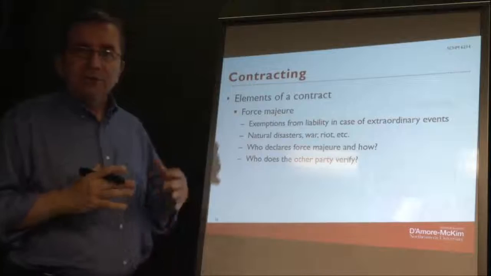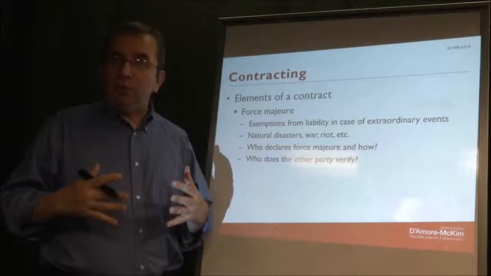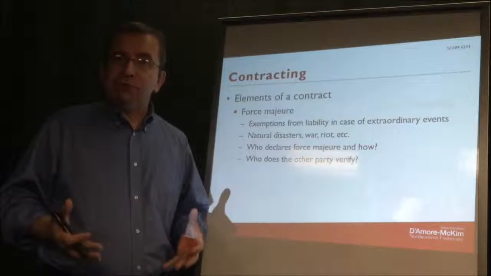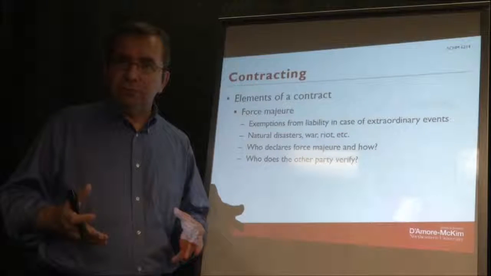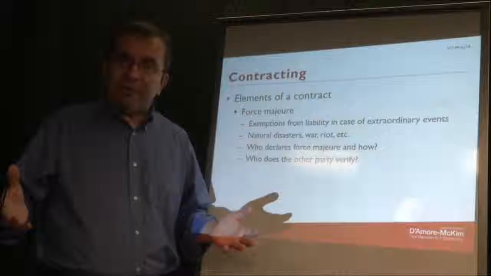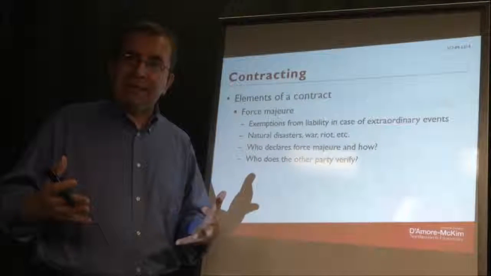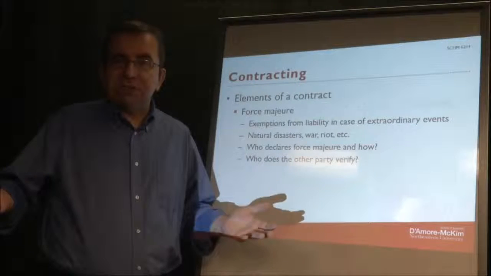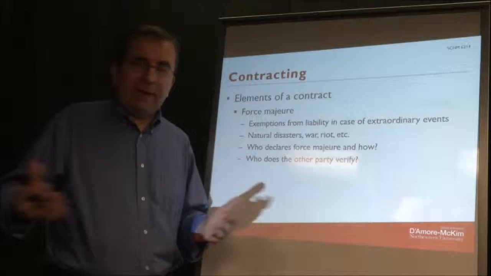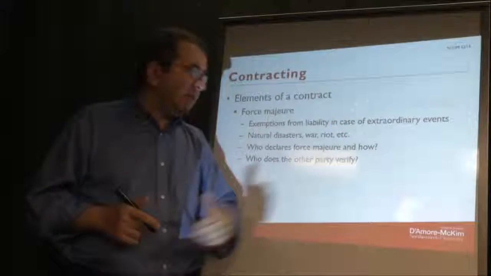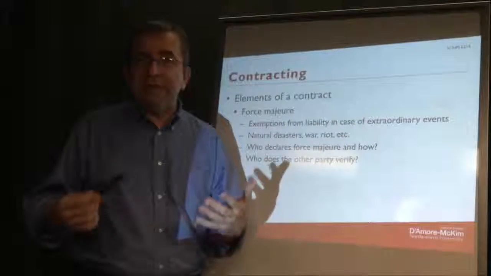Okay, so you have goodwill, you want to fulfill your contractual obligations, but certain things prevent you, even though you have taken all precautions, and you don't want to be held liable because it's out of your control. Okay, so these are exemptions from liability in the case of extraordinary events.